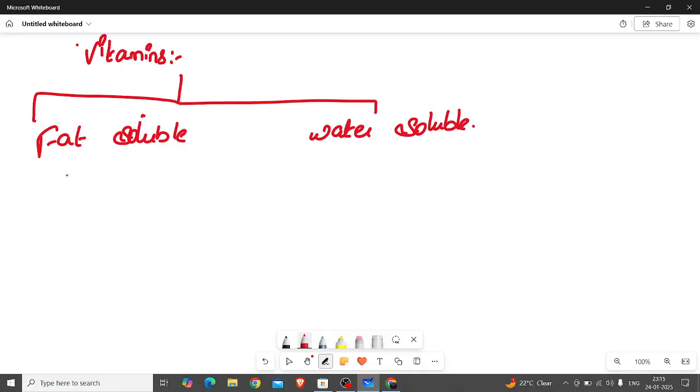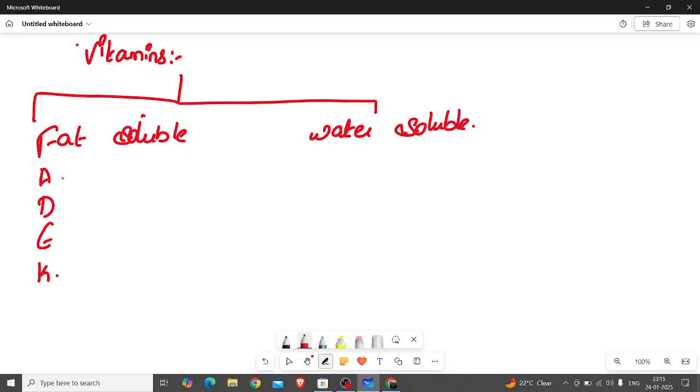Fat soluble is again of different types. Majorly there are four fat soluble vitamins: vitamin A, vitamin D, vitamin E and vitamin K. A, D, E and K.